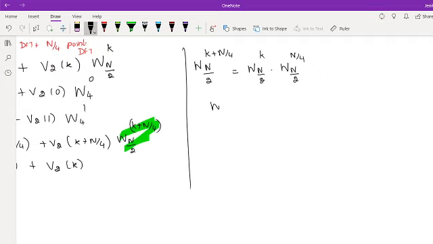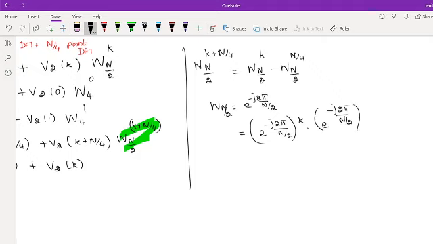So we know that W_N is e power minus j 2 pi by N. If this is N by 2, this is also going to be N by 2. So this is equal to e power minus j 2 pi by N by 2 into k, the first term, into e power minus j 2 pi by N by 2. So this is for W_{N/2} into N by 4.